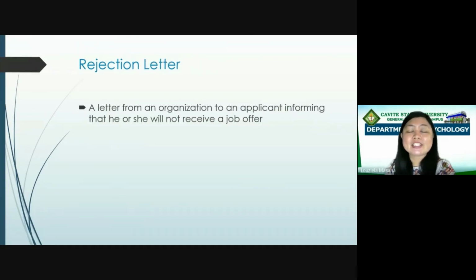You should send a rejection letter, a letter from an organization to an applicant informing that he or she will not receive a job offer. Unfortunately, in the Philippines and most of the companies, nawawala itong rejection letter. Parang ang nangyayari ay kapag hindi ka tinawagan, edi hindi ka tanggap.